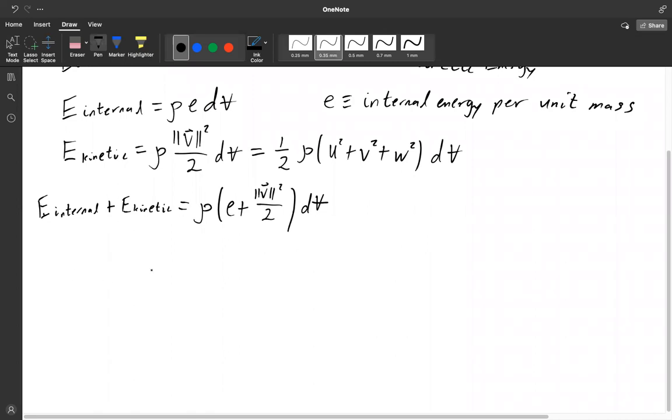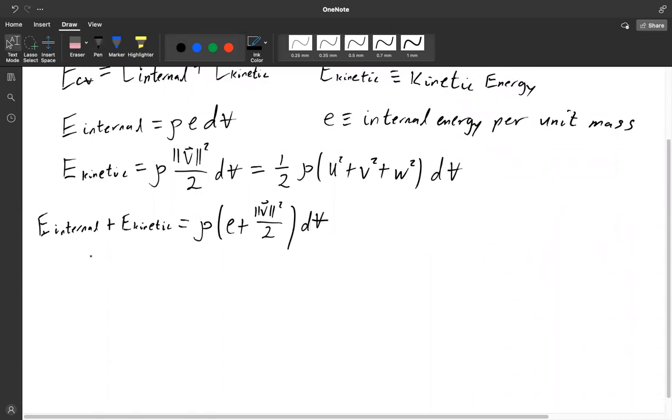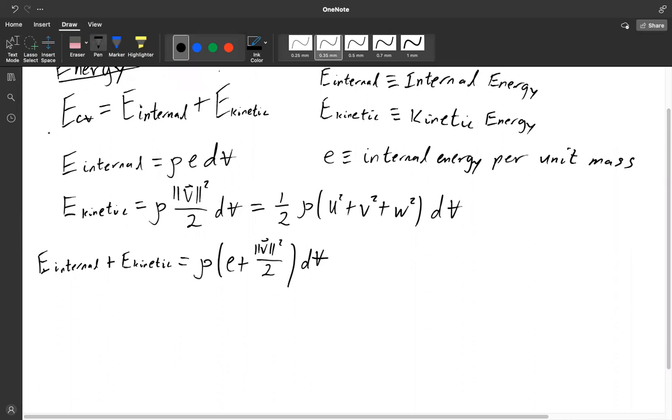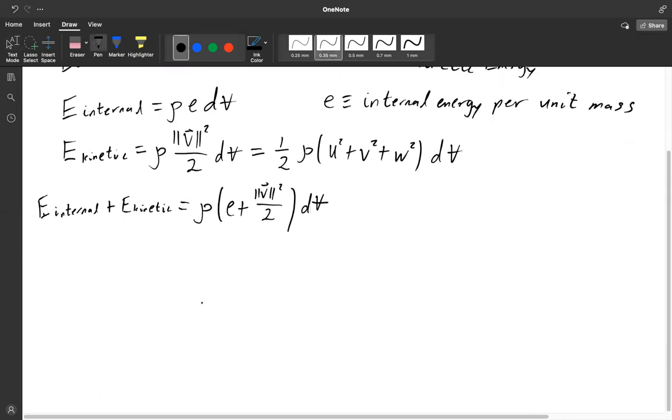And taking the time derivative of this equation here, we get the following. Partial E_CV with respect to time equals partial t of E internal plus E kinetic.